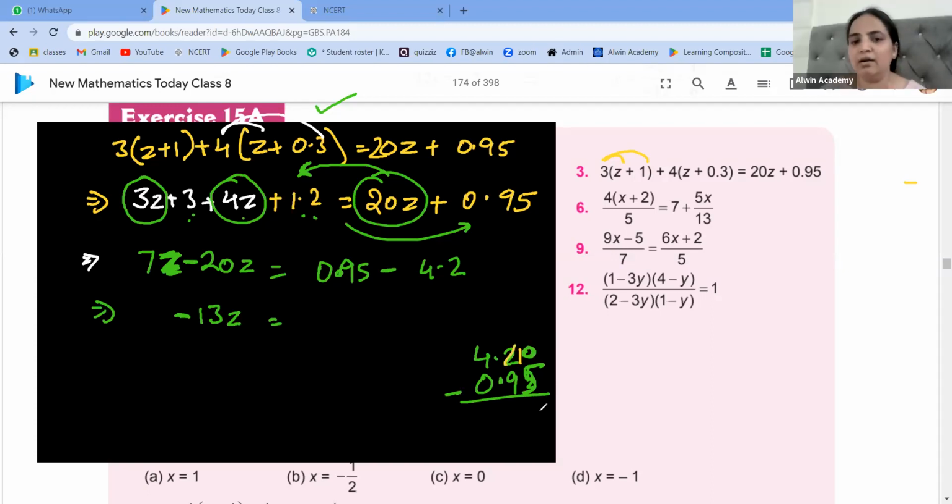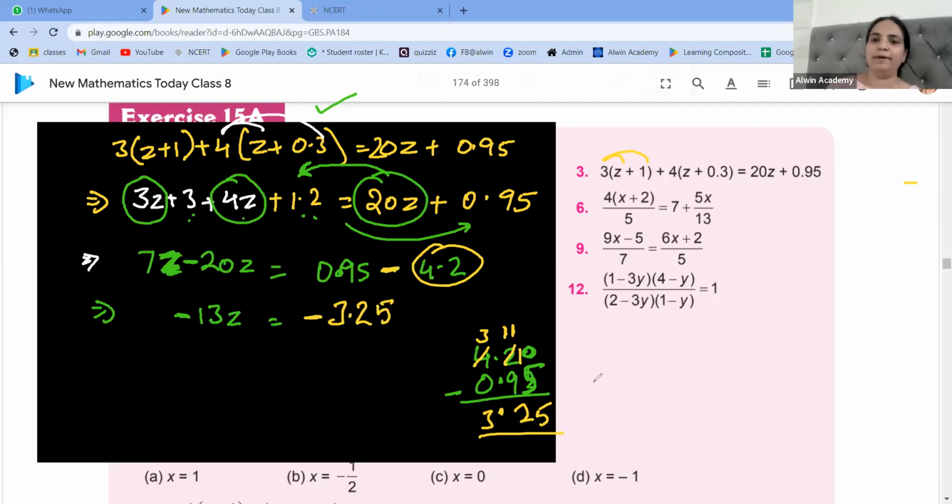This becomes 10, 5. This is 1. You bring 1 here, that becomes 11. 9 subtracted from 11 becomes 2. This is 3. So what is the answer? 3.25. And for this 3.25, because the negative number is the greater number, the answer would be negative 3.25. Is this clear or not? Yes, ma'am.